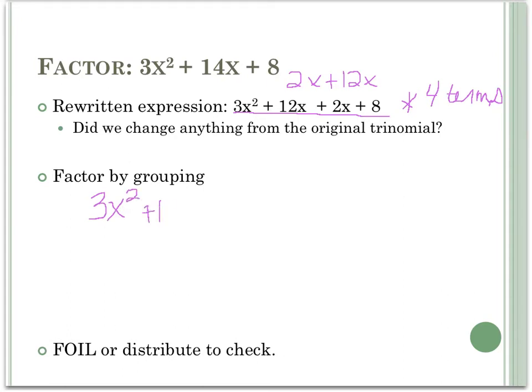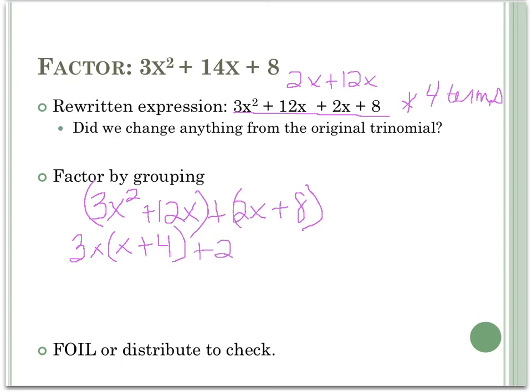3x squared plus 12x plus 2x plus 8. I will group my first 2 terms and my last 2 terms. Taking out my greatest common factor, I have 3x, and I am left with x plus 4.